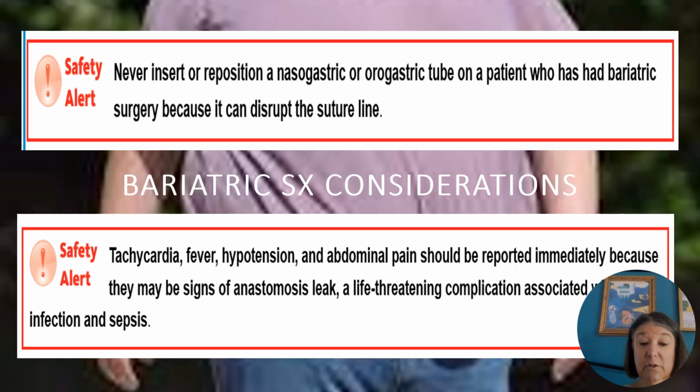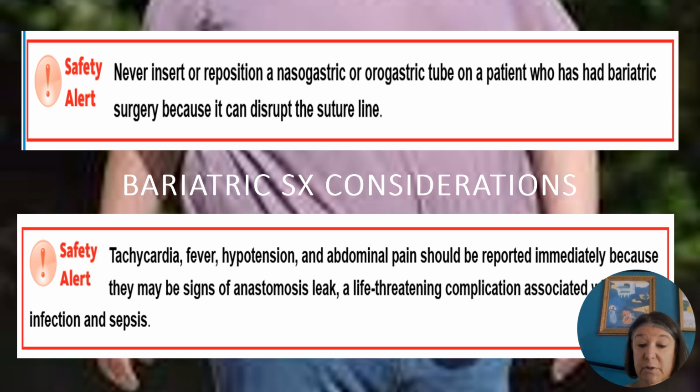Here's some safety alerts for you. Never insert or reposition a nasogastric or orogastric tube on a patient who has had bariatric surgery because it can disrupt the suture line. So that's good to think about.